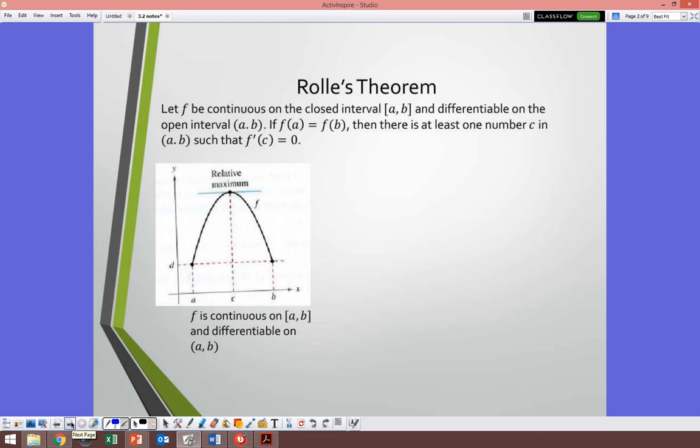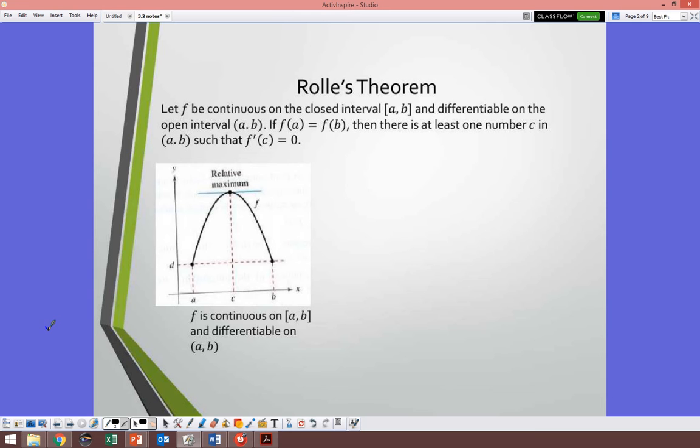So Rolle's theorem states that, let f be a function continuous on a closed interval. That's important.